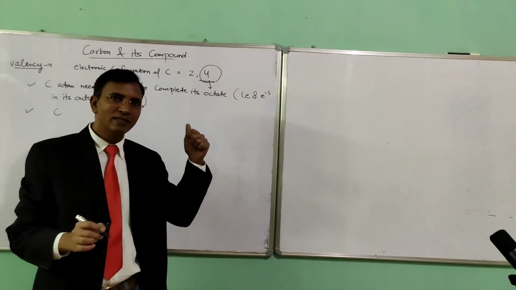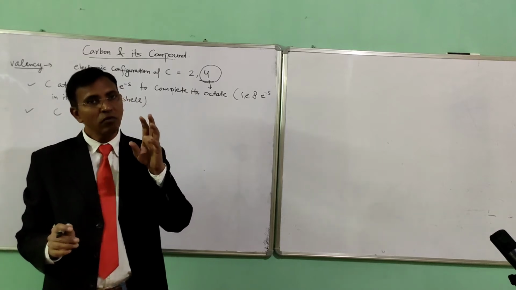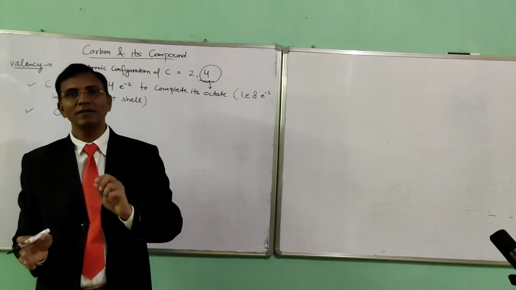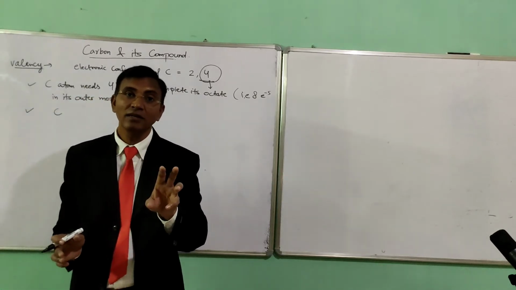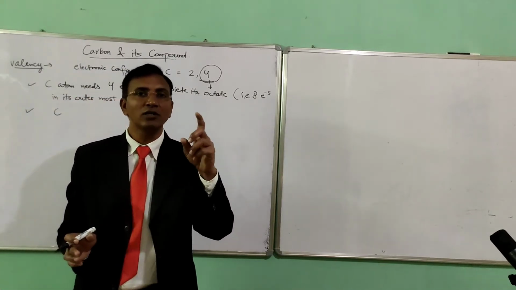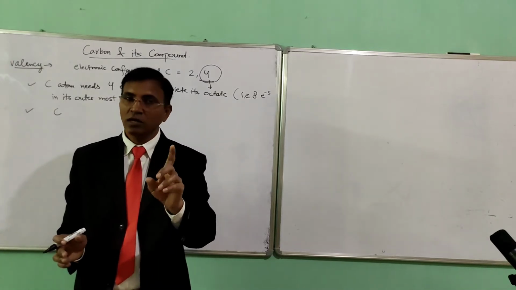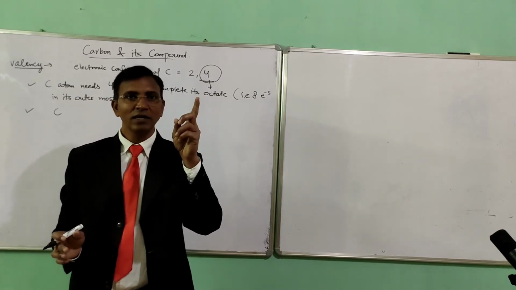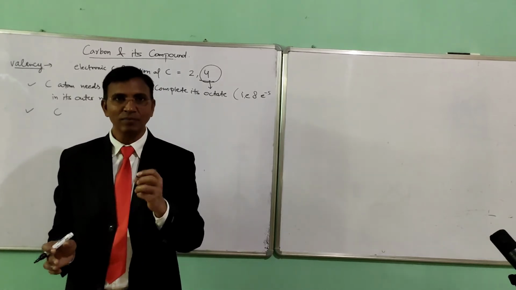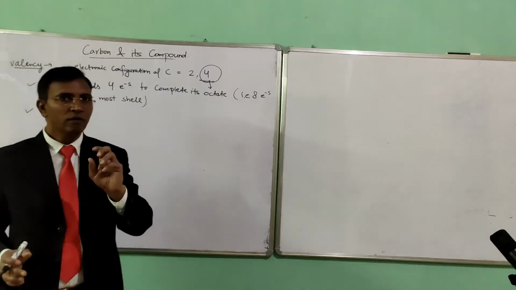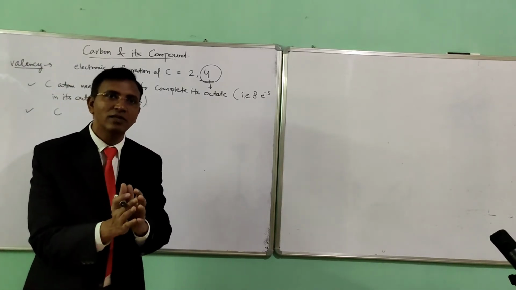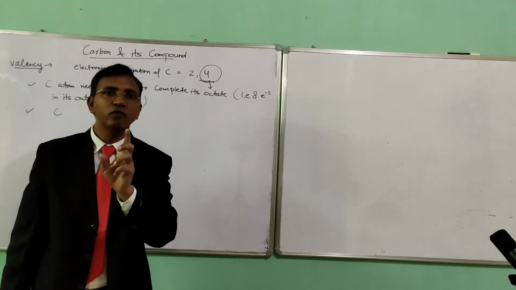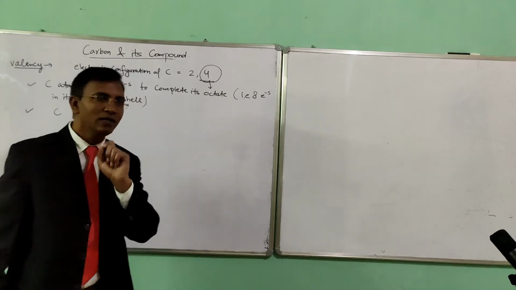That means carbon tends to share its outermost electrons in most of the cases, not in each and every case. For example, in carbides it is going to accept electrons, right? But in general terms, carbon is going to share its 4 outermost electrons.